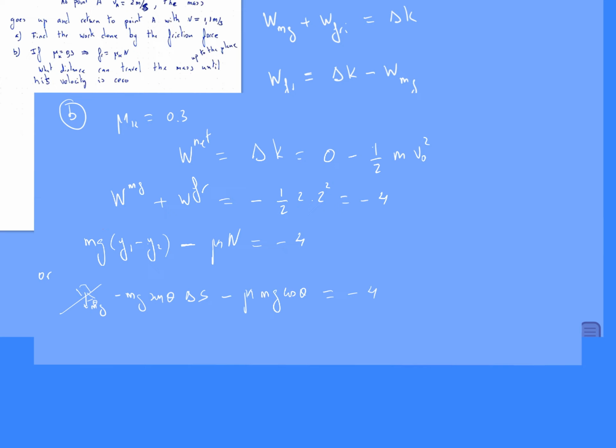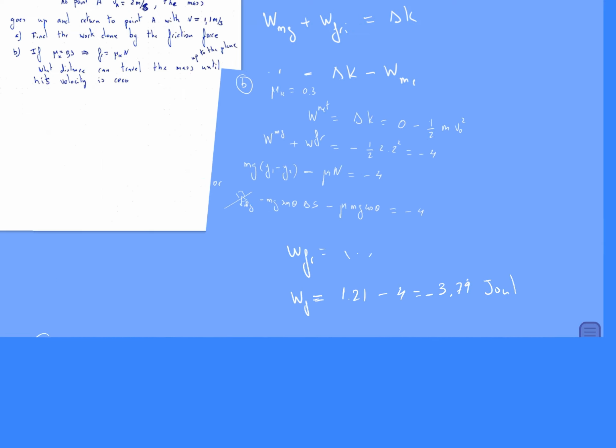The work by the friction is negative, and this total work is the change in the kinetic energy, which is minus 4. But this is not what I was doing. Oh my God, I'm so tired.